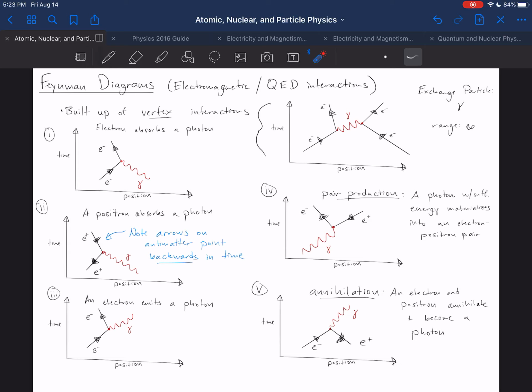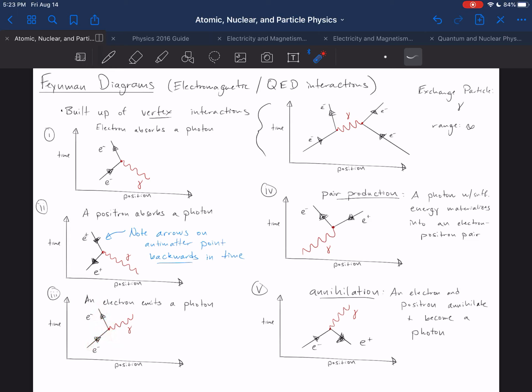Now, let's take a look at another permutation. So this is another rotation of this set of three things. In this case, you could describe it as an electron emitting a photon. So an electron comes forward, emits a photon, and moves to the left. You can see as above, the arrows point into the vertex and then back out again.